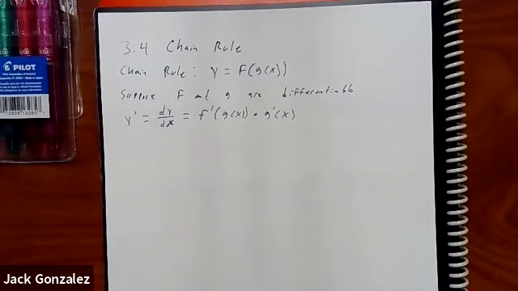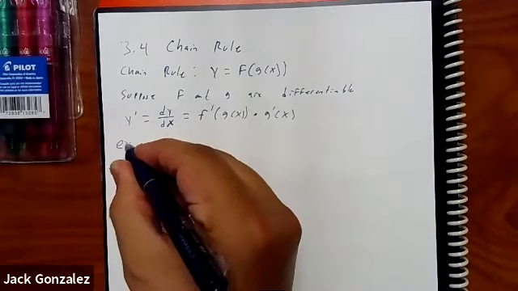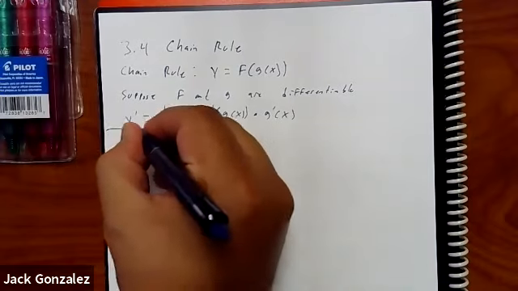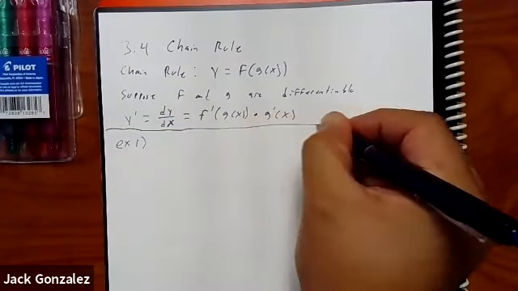So example one basically starts out trying to get you to see what is the inner function. All you need is this formula and some practice, and it should make sense.